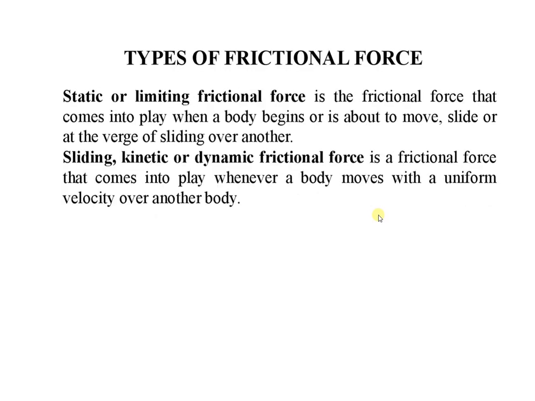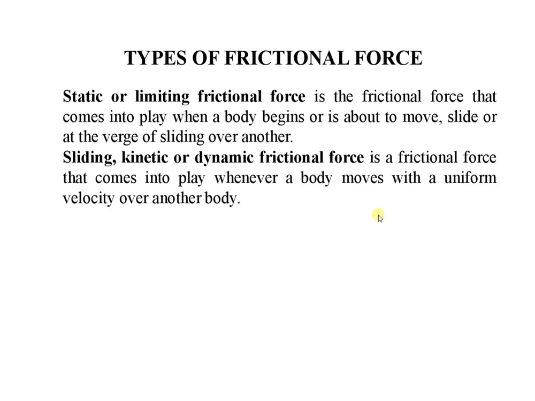Now, types of frictional force. We have static or limiting frictional force. Static or limiting frictional force is the frictional force that comes into play when a body begins or is about to move, slide, or is at the verge of sliding. That is, the frictional force you experience before the body begins motion.